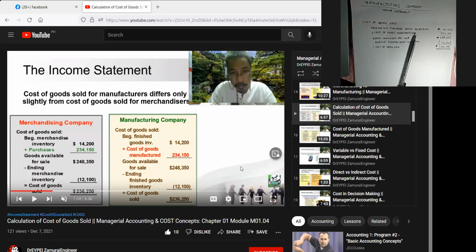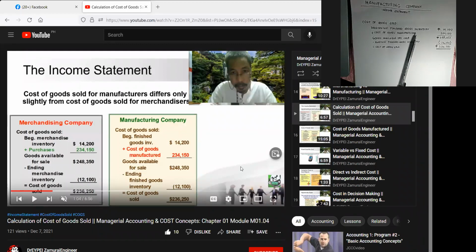What are you purchasing? The packaging materials, because you are retailing the sugar. You are buying 1 sack of sugar, then you are retailing per kilo. You need so much packaging material.